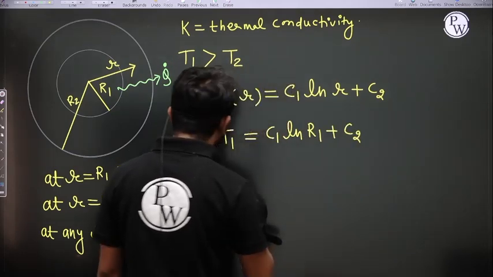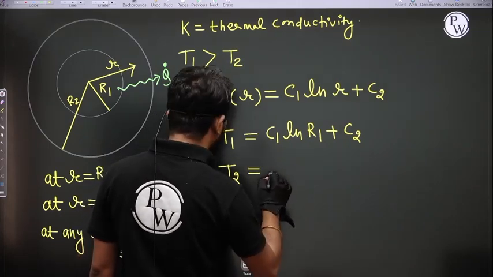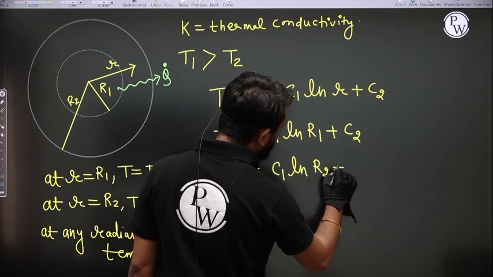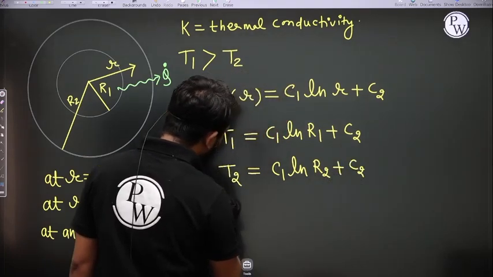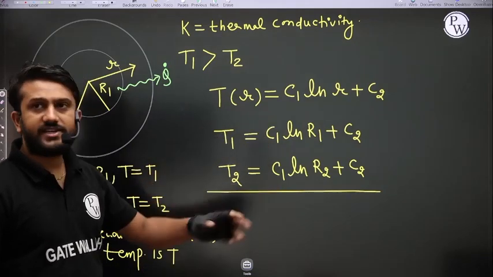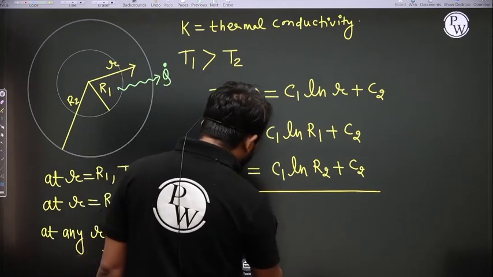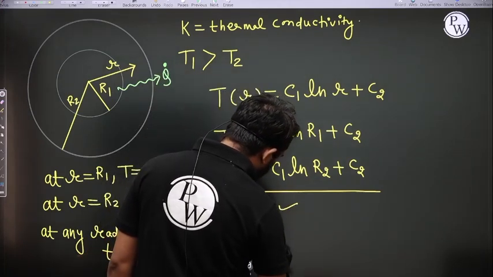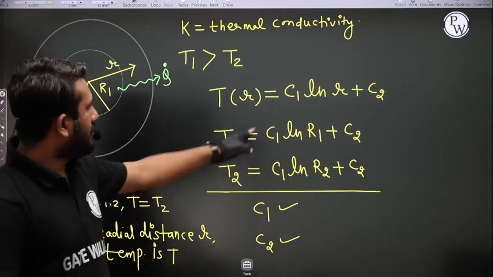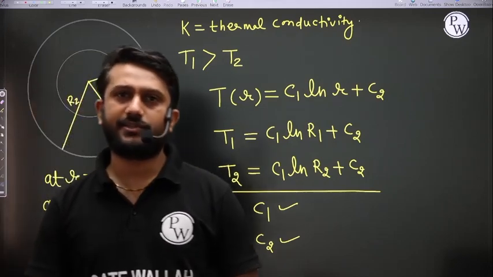Using the second boundary condition, T2 is equal to C1 ln R2 plus C2. Here are two equations and two unknowns, so you can easily find C1 and C2.